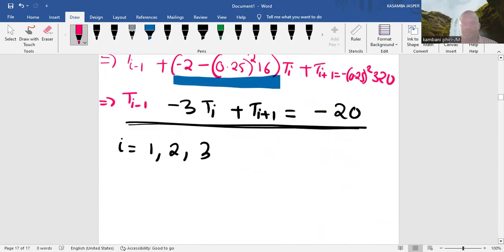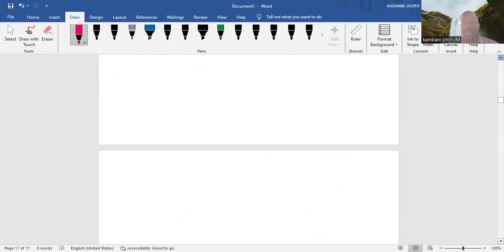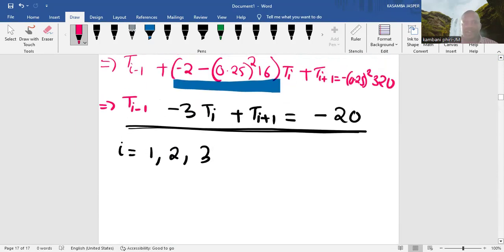Okay. So now we can transform this finite difference scheme, the one that we found, into linear equations.